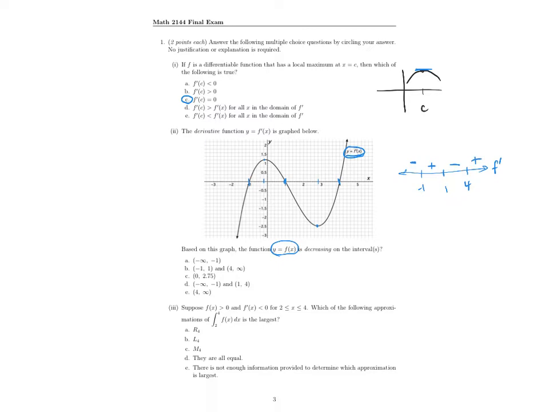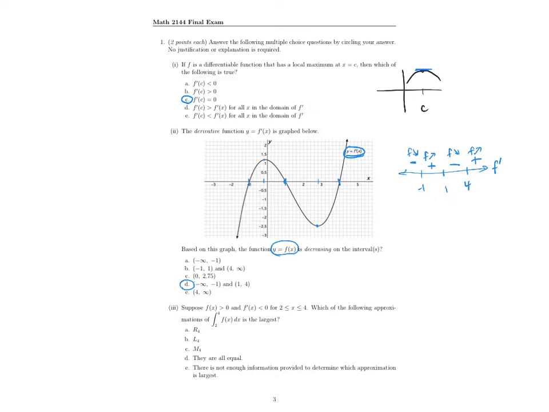If f prime is negative, what does that mean about f? That means f is decreasing here and here. And if f prime is positive, that means f is increasing here and here. So the intervals on which it is decreasing are -infinity to -1 and 1 to 4.